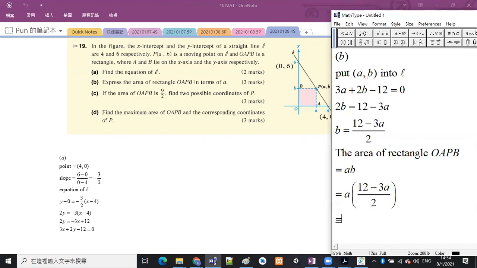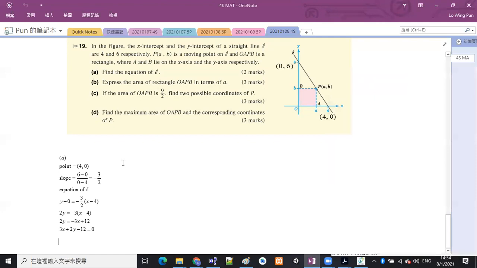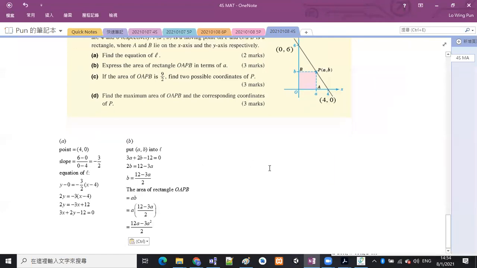Okay? I usually write it like this. If a number is multiplied to a fraction, then the number should be multiplied to the top part of the fraction. So that is like this: 12A minus 3A squared over 2. Can you get this? So this is the area of rectangle OAPB in terms of A only.